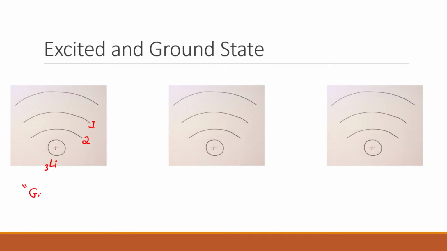This is the ground state. Right, the ground state is the electron configuration that comes directly off the periodic table. The base, the starting point.